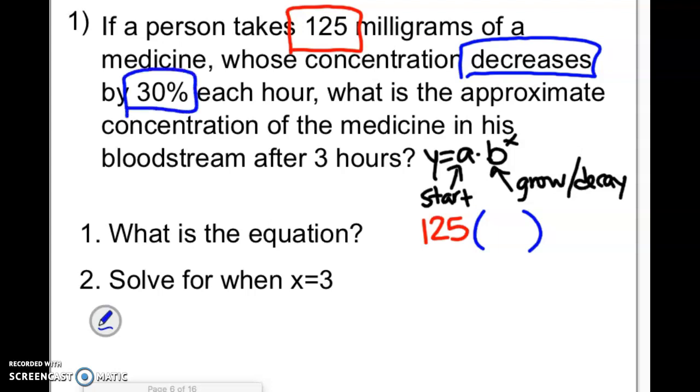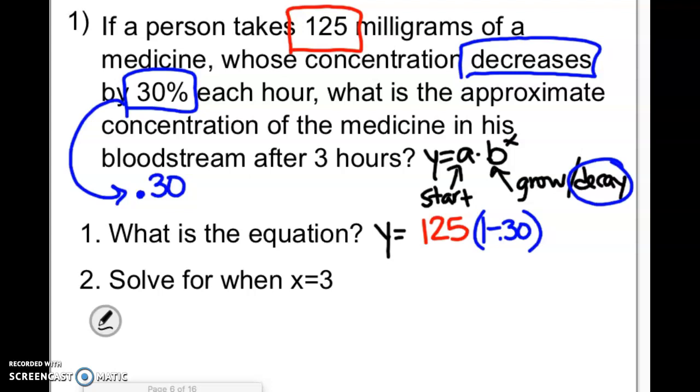So it is decaying, so we're going to use 1 minus. We want that percent written as a decimal. So in our equation, we're going to use 0.30, which is 30 divided by 100. And we have our equation y equals 125 times 1 minus 0.30 to the power of x.